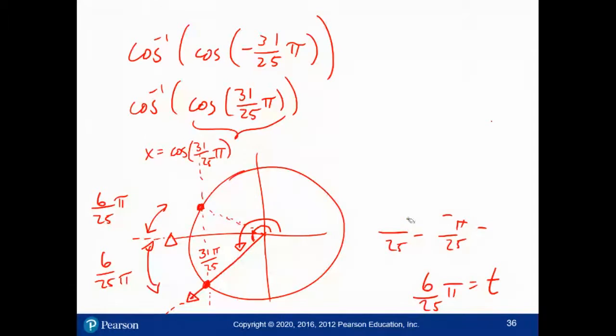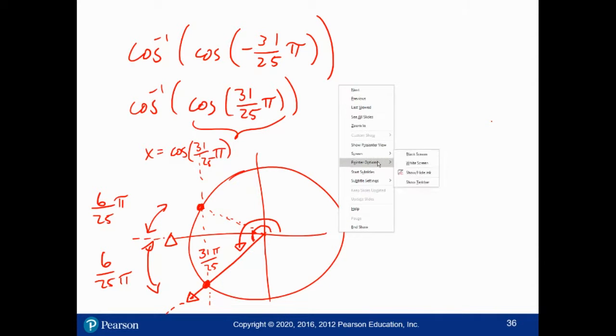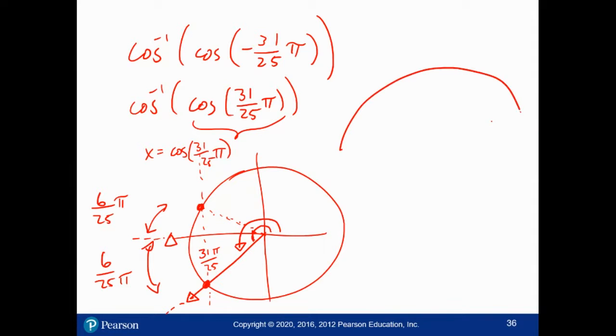So if the angle between our dotted line and the negative x-axis is 6 pi over 25, well, going all the way to the axis, let's zoom in on quadrants 1 and 2. Here's our mystery angle that we need to find out, but we know that this angle here is 6 pi over 25.